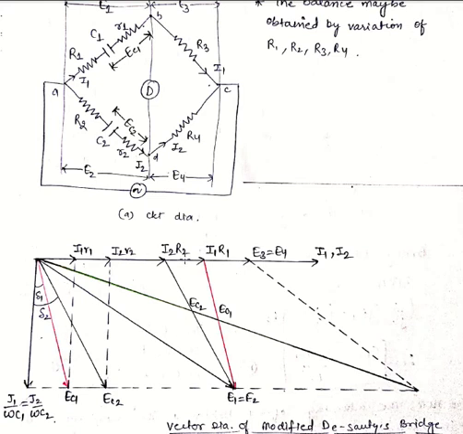So addition of I1 R1 and E C1 will give E1. The resultant of this E1 and this E3, E4 will give our vector E. Basically this is our vector E.